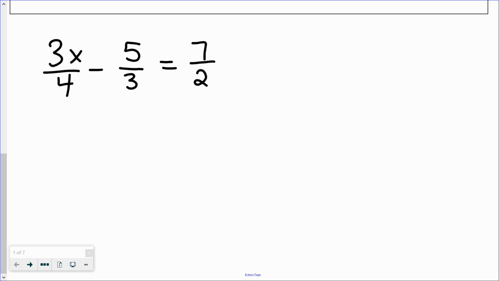And so if you're stuck, you could sit there and ask, what if I put in x equals 1? You could put in 3 times 1 divided by 4, subtract 5 over 3, and get some gobbledygook out of your calculator, and then put 7 over 2 in your calculator and see if it's equal to the same thing. Hint, it's not.